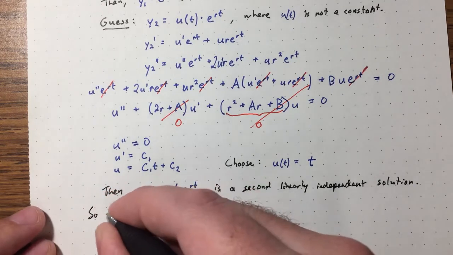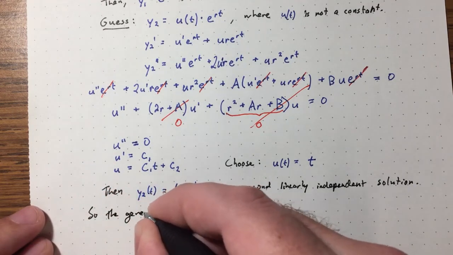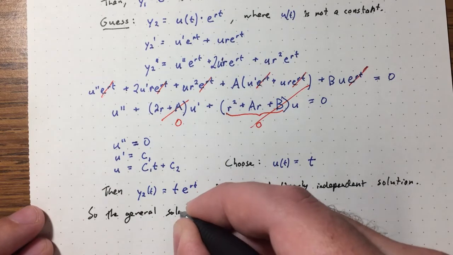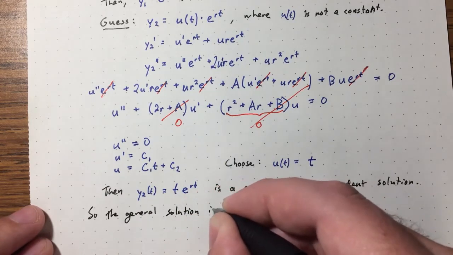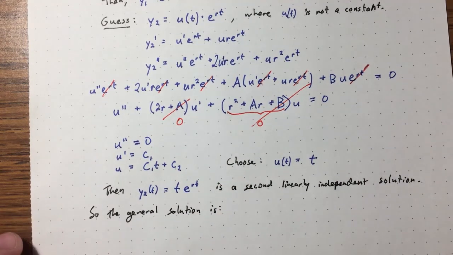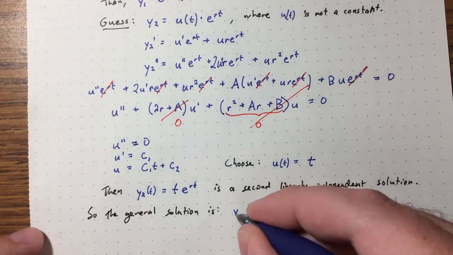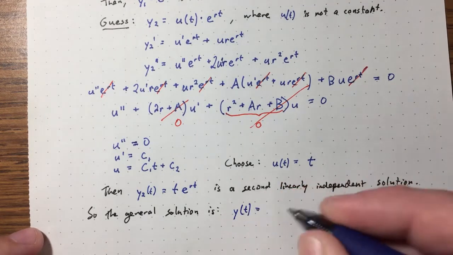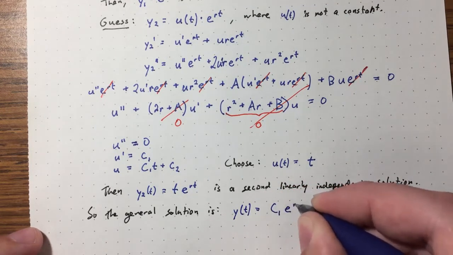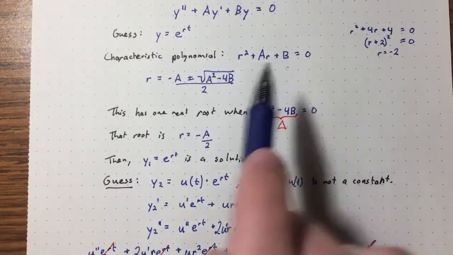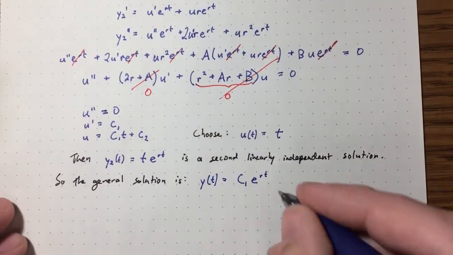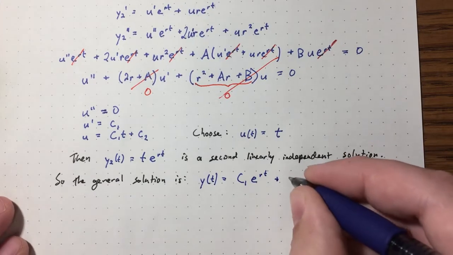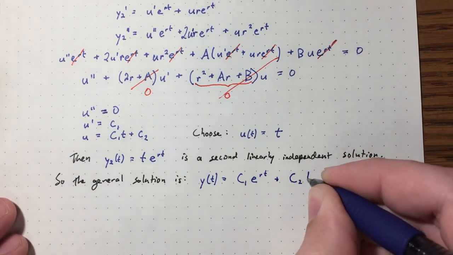So the general solution, I'm going to just write it down now, is going to look like c1 e to the rt, where again r is just the one root of this characteristic polynomial, plus, and look what we need to do for the second one, c2 t e to the rt.